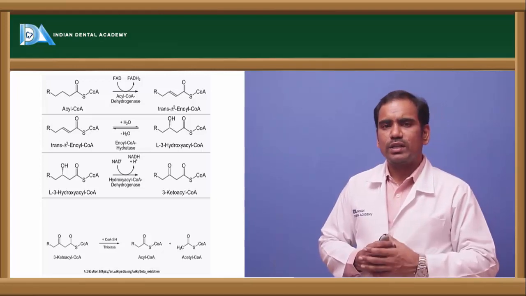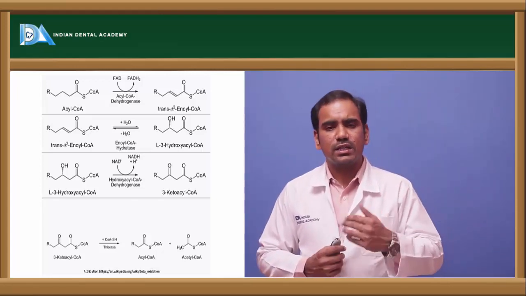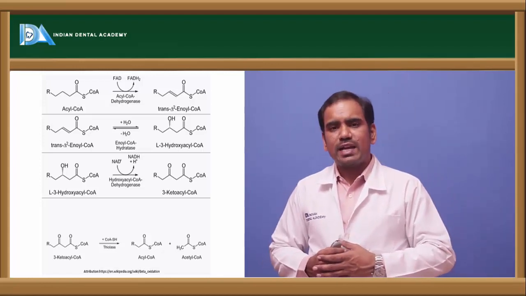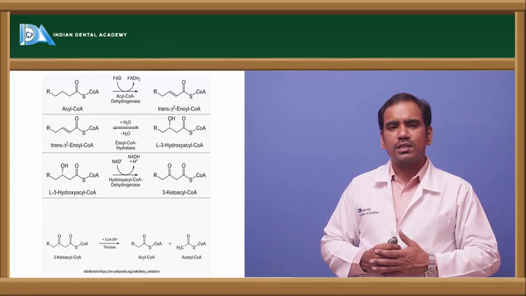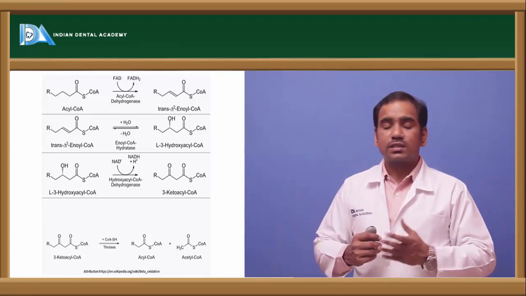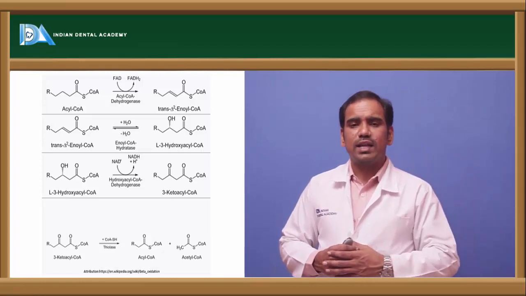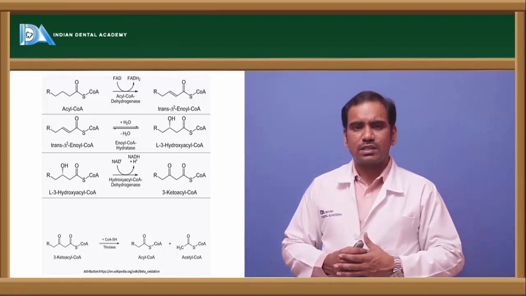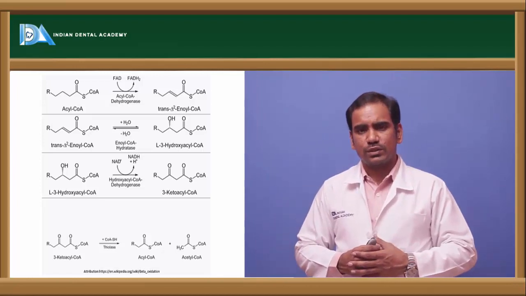The coenzyme required here is FAD, which is reduced to FADH2. By the action of this enzyme, acyl-CoA is converted into trans-enoyl-CoA. So delta 2 trans-enoyl-CoA is formed by the action of acyl-CoA dehydrogenase.